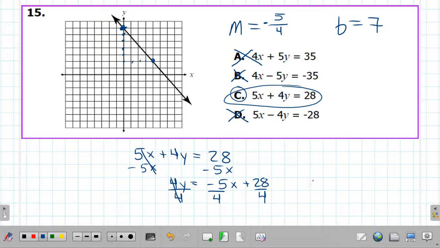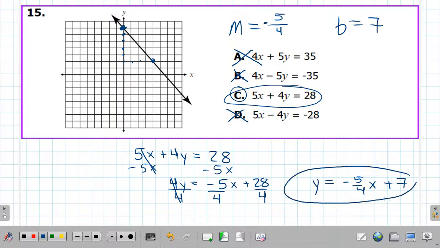So here we would get y is equal to negative 5/4 x plus 7. And this matches up with that equation. Once again, that's the one we solved right there. But it matches up because our slope is negative 5/4. Our y-intercept is 7.